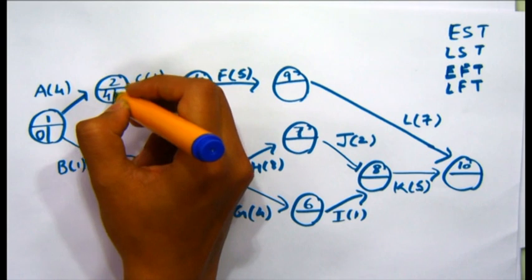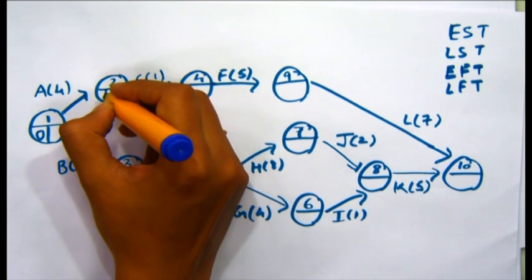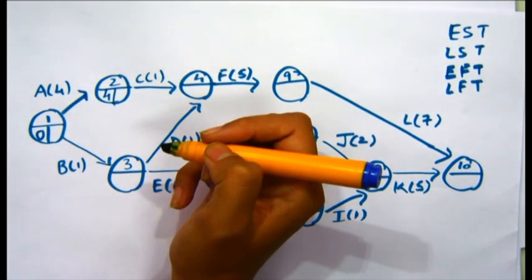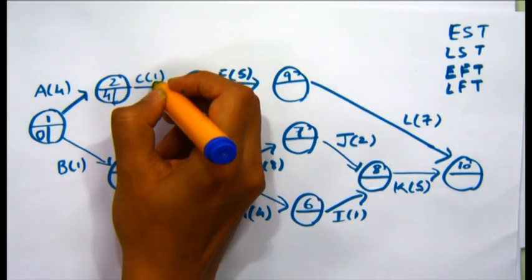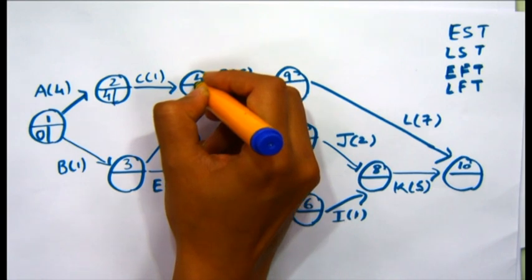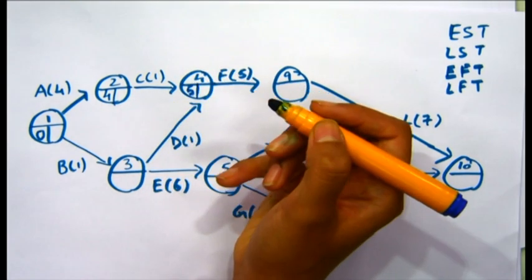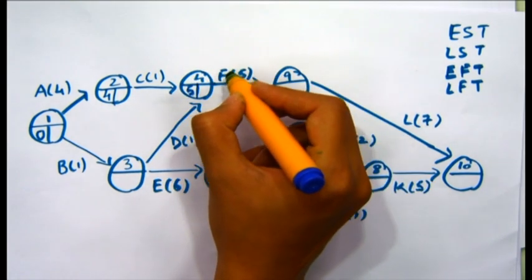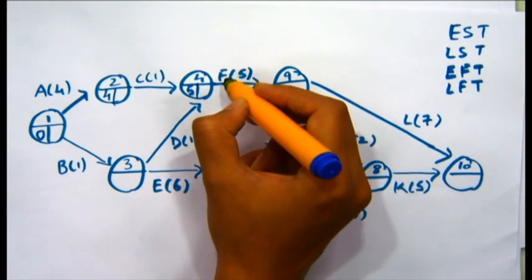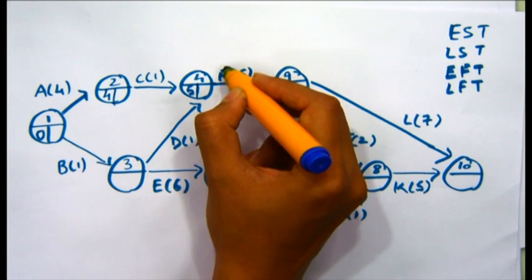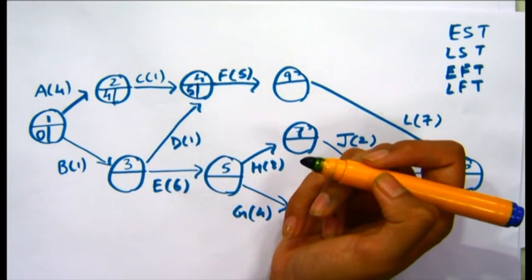Earliest start time. Activity C can only start after 4 days. Then activity C starts, which takes 1 day. So we add it here and we write 5, which means that activity F can only start after 5 days, which means the earliest start time for activity F is 5 days.